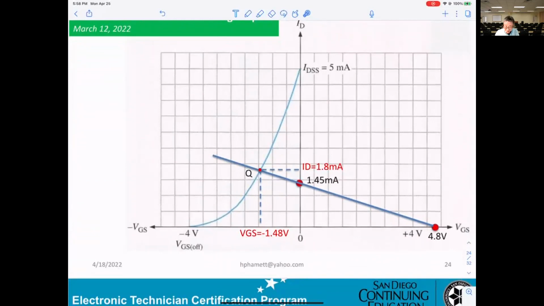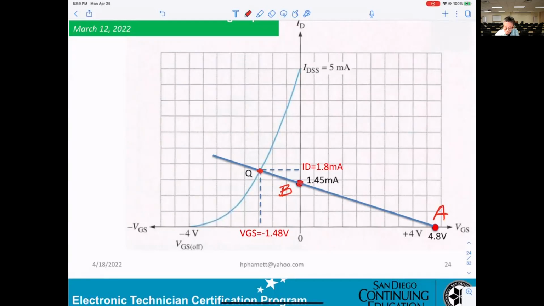And now they said you need 2 points to draw the load line. First point will be A right here. Then the second point, you get B right here. You draw this line. When it intersects with the curve, that's what you get, the Q point.